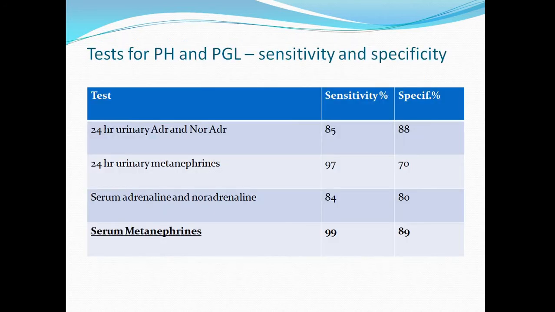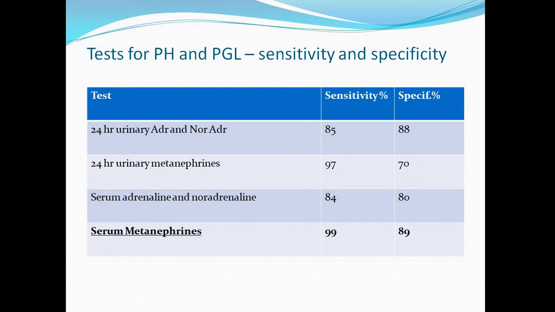Now this is very important, the tests for the phaeochromocytoma and the paraganglioma: the sensitivity and specificity. As you can see from this chart, the serum metanephrines have the highest sensitivity as well as specificity. But specificity and sensitivity are also high for 24-hour urinary metanephrines.